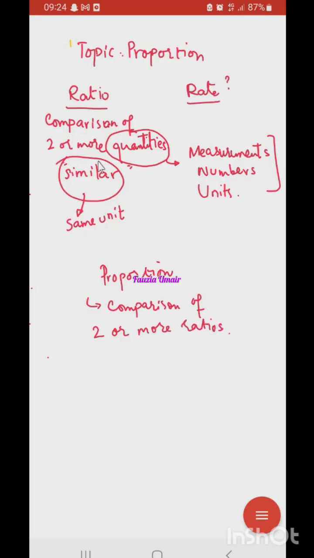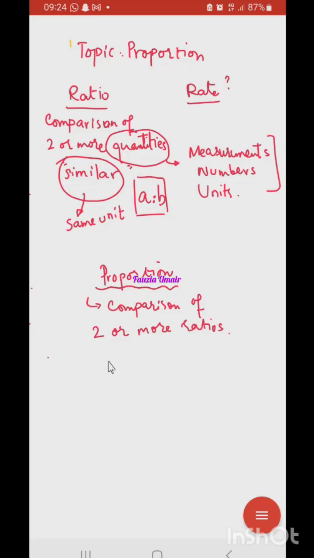For example, if the ratio is A ratio B, we are comparing two quantities. This is the ratio we learned in the previous classes. Proportion does not have its own separate definition; it is the comparison of two or more ratios.